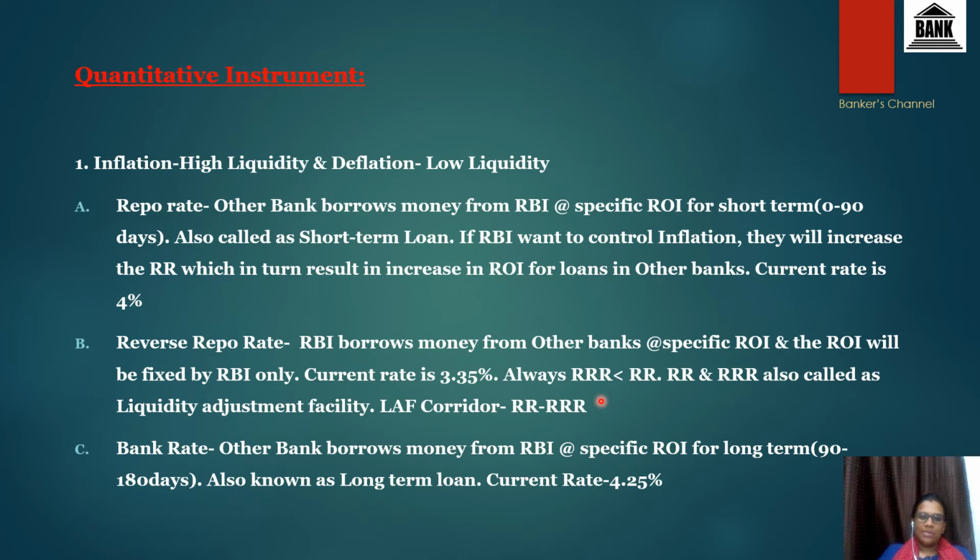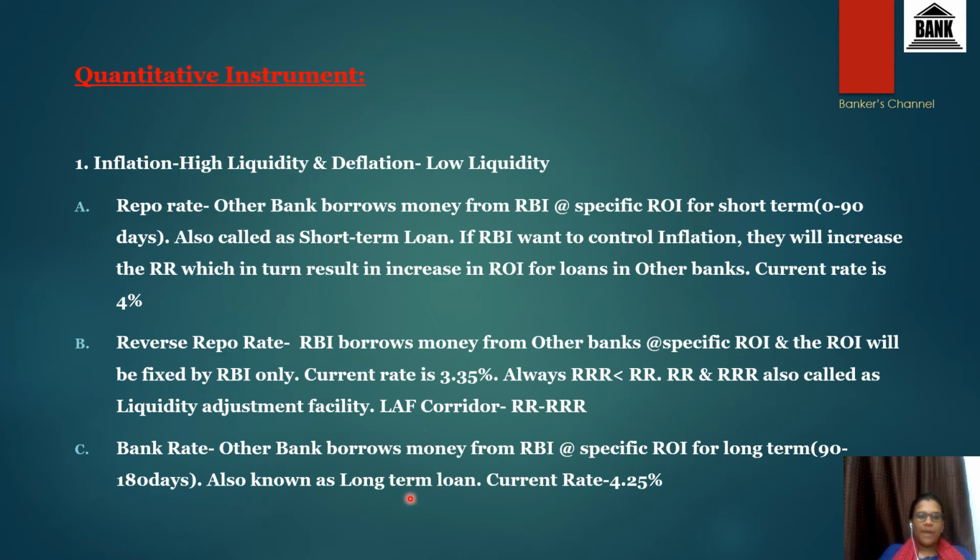So reverse repo rate will always be less than repo rate. Reverse repo rate as well as repo rate are both termed liquidity adjustment facility, and from this they calculate the LAF corridor, which is nothing but the difference between repo rate and reverse repo rate. I think you people are clear with repo rate as well as reverse repo rate.